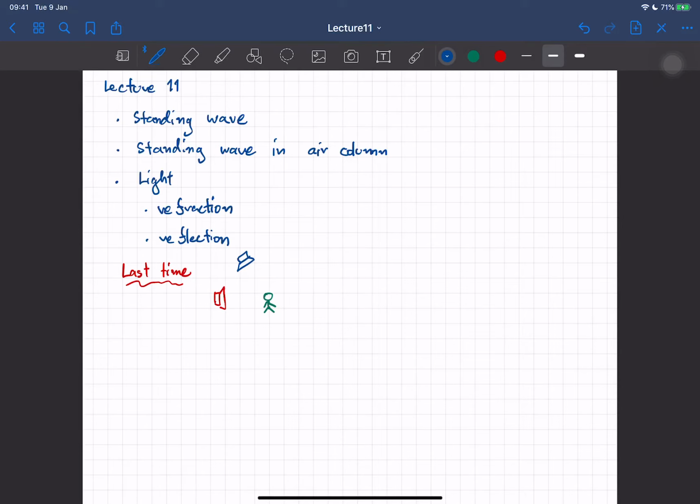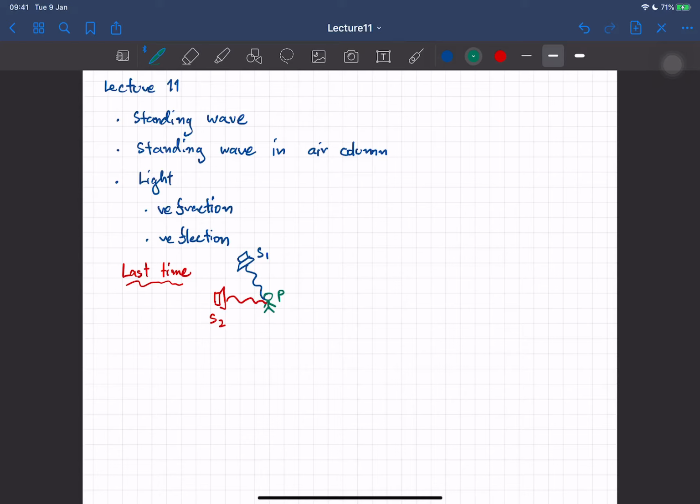The blue one gives out a wave, the red one also gives out a wave, and we call S1 source number 1, S2 source number 2, and where we are listening is called the point P or position P. The condition where you will hear, in the case of sound wave, a loud sound or a soft, quiet sound will be whether the two waves interfere constructively or destructively.